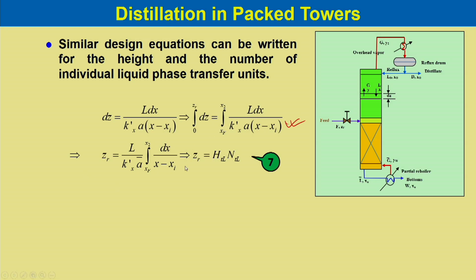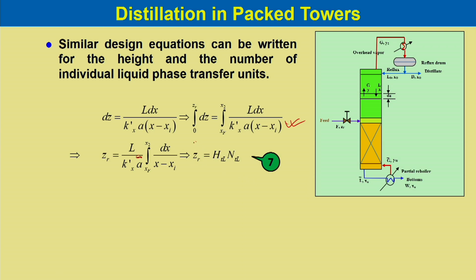Now, after integration the left hand side would be Zr, which is equal to L by Kx dash A integral xf to x2 dx by x minus xi.